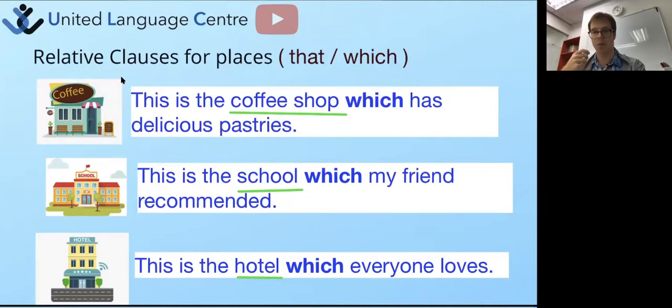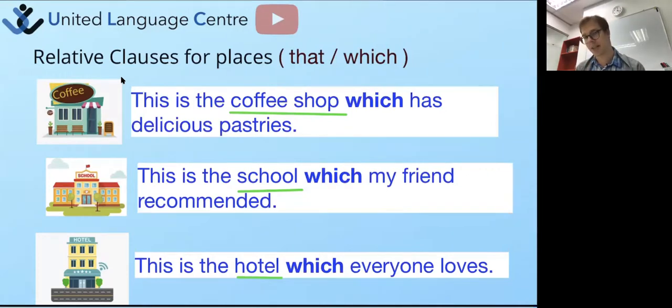This is the school which my friend recommended. And this is the hotel which everyone loves. Now, in these three sentences, I cannot use where. And you say, why, Mark? Why don't we use where? That's what we'll get into right now.